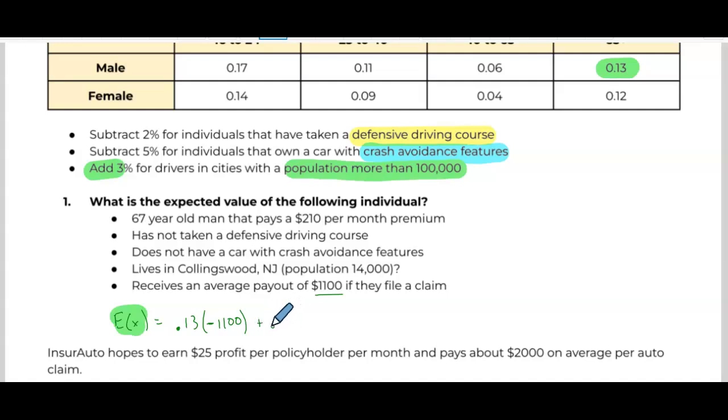And 87% of the time, he drives clean, and so they collect his $210. And they don't have to pay anything in that scenario. So multiply that out. You can pause for a second and do that. It comes out to $39.70.